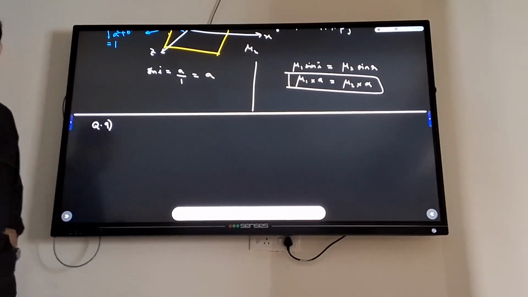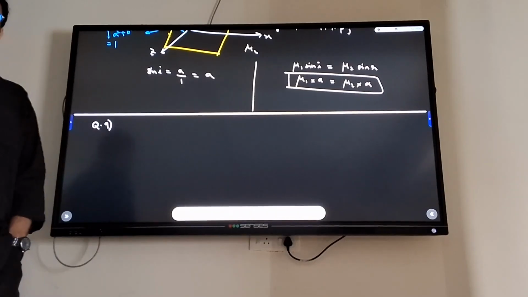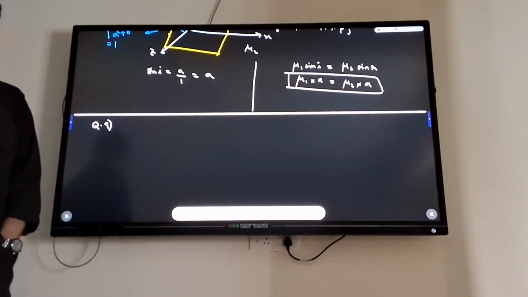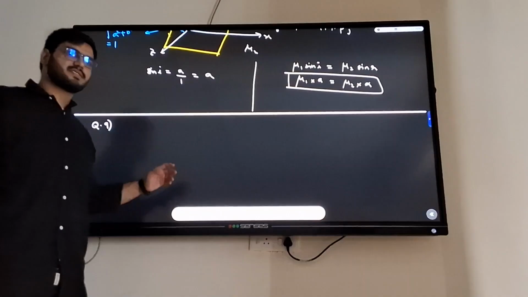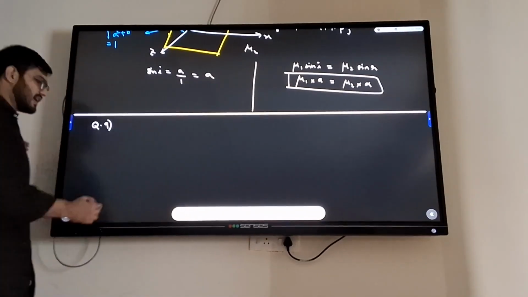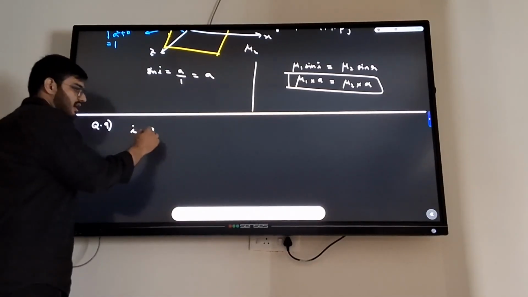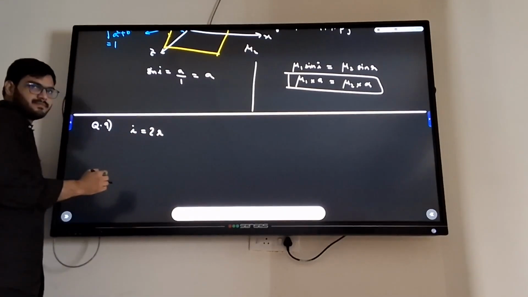Question number 9. What is it asking? You are asked to find the angle of incidence. I and R are given. What is the relation between I and R? I is equal to 2R is given.